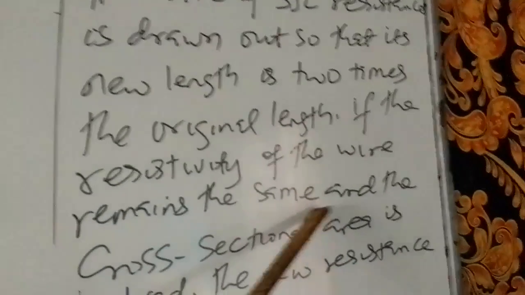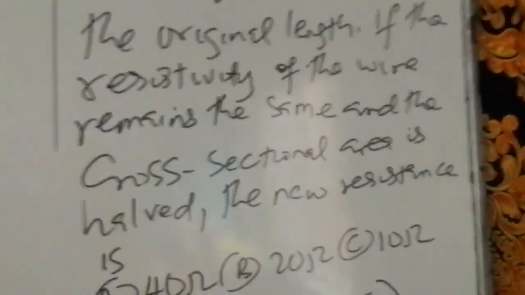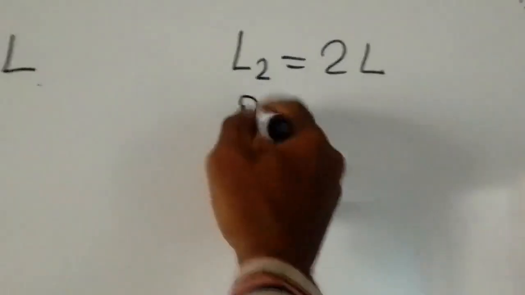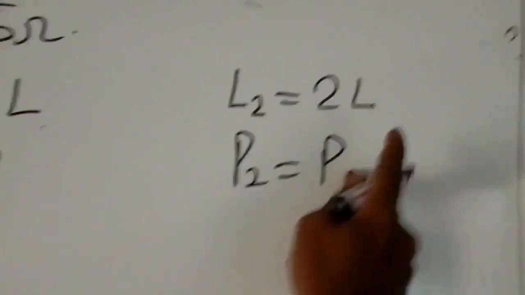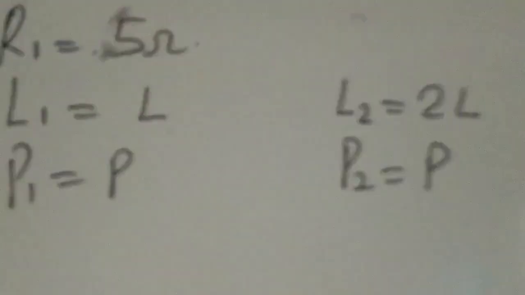If the resistivity of the wire remains the same, the resistivity does not change in this condition. So let resistivity be equal to rho, or any letter I want to use. Then let this one also be the same rho, because resistivity remains constant. And the cross-sectional area is halved.